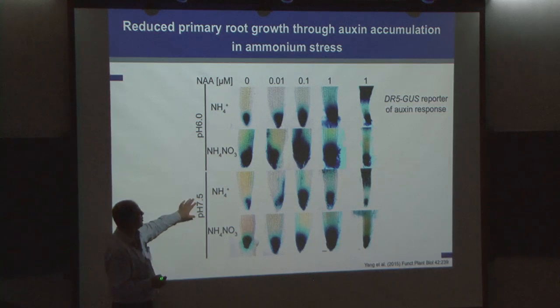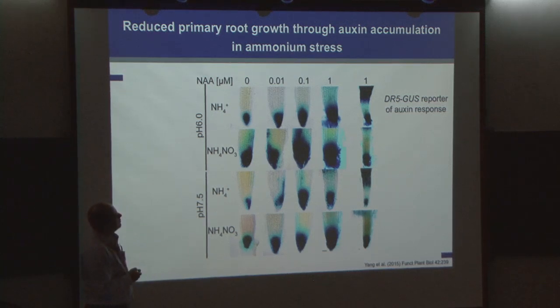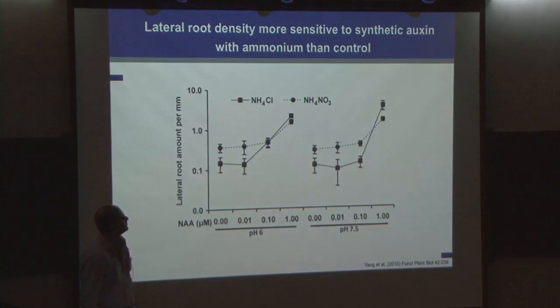But this occurred also at slightly alkaline pH, and also at acidic pH. So apparently, in a manner dependent on the synthetic auxin and depending on the ammonium or ammonium nitrate that we supply, the auxin response in the root tip is different.